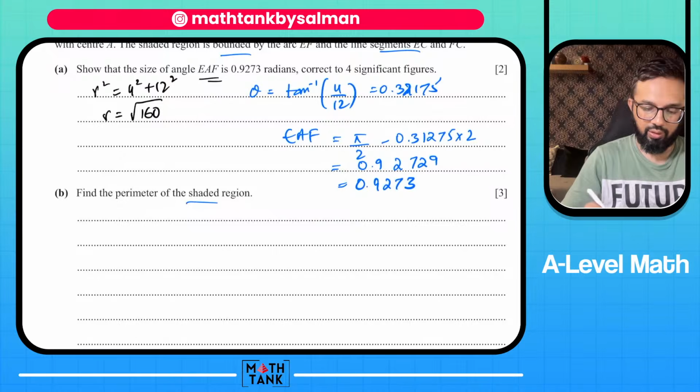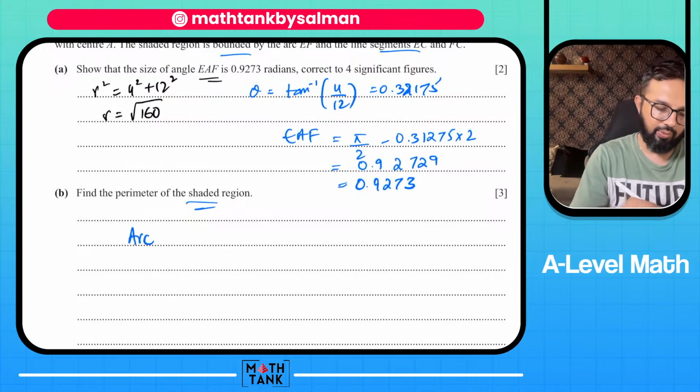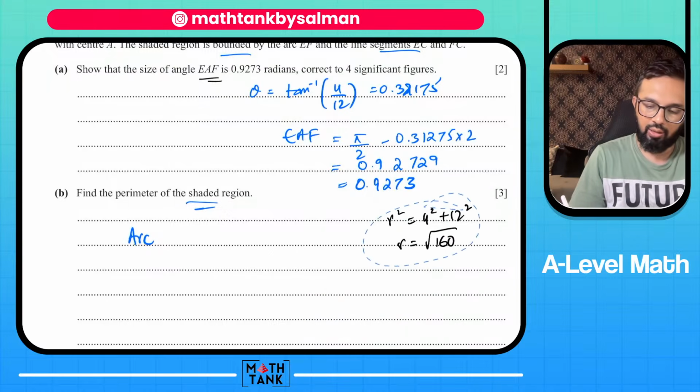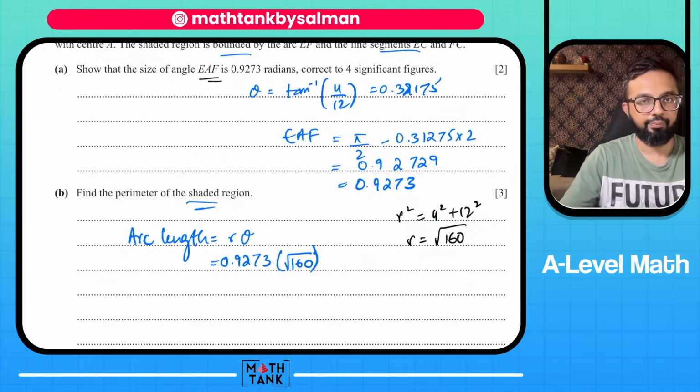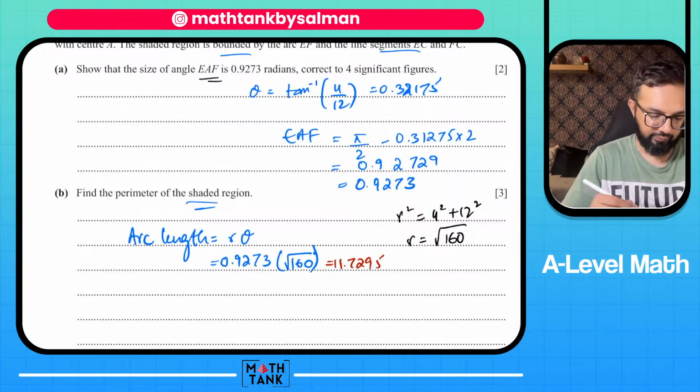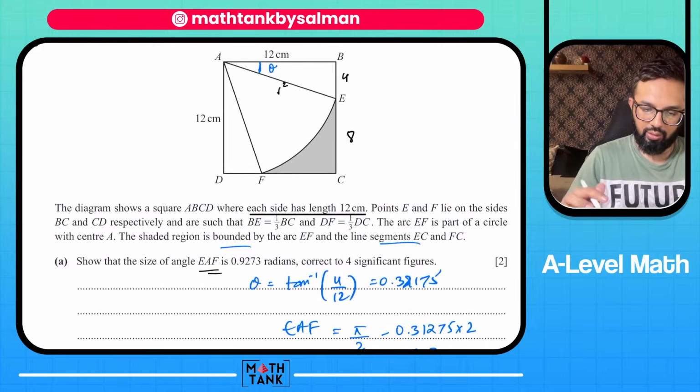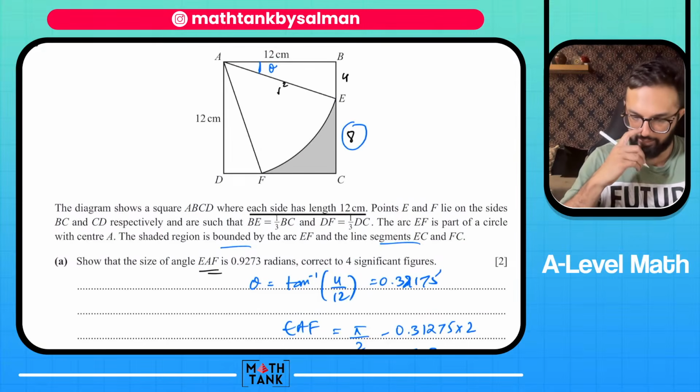Okay, find the perimeter of the shaded region. So that's about finding the arc length. This working should be done here. I didn't realize that, but I saw that working, so I just did that here. So arc length is r theta, so 0.9273 times root of 160 gives 11.7295. Then we have this as 8.